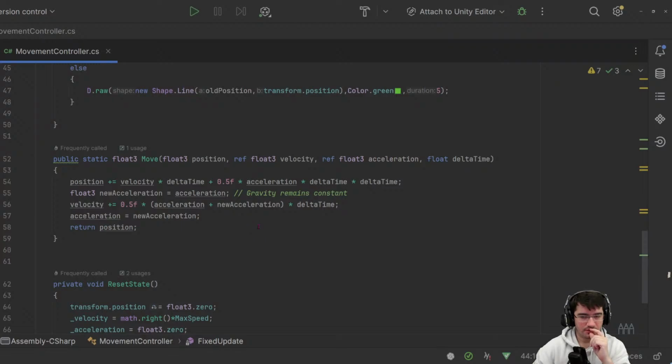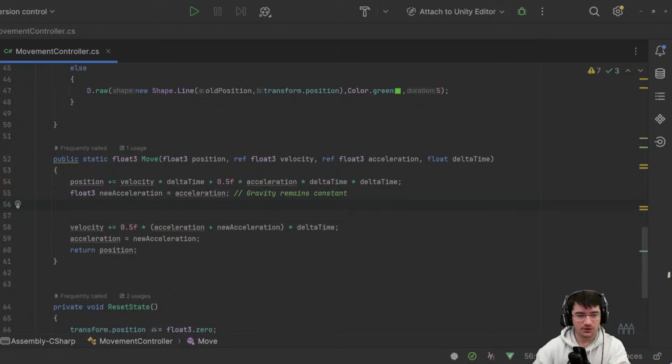So I need to update. Where do I need to update my velocity?